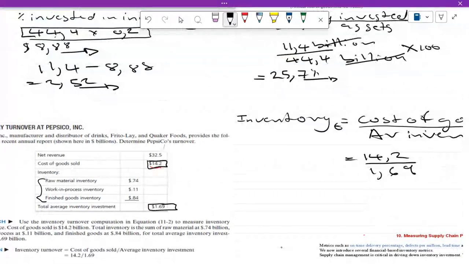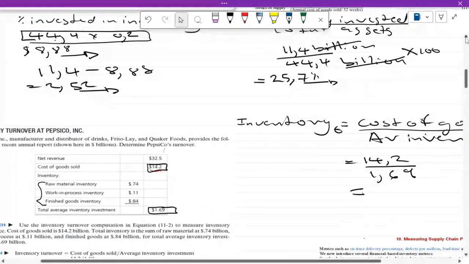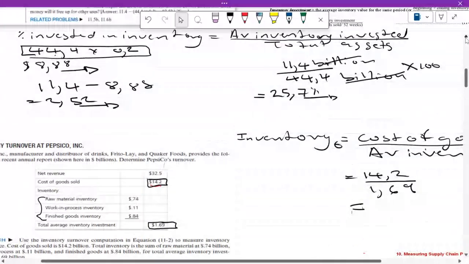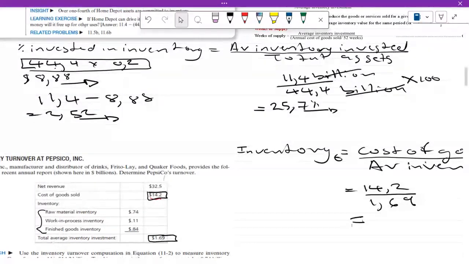So may you kindly punch in this. What do you find? Let's see, 8.4. Yes, I'm also finding 8.4.